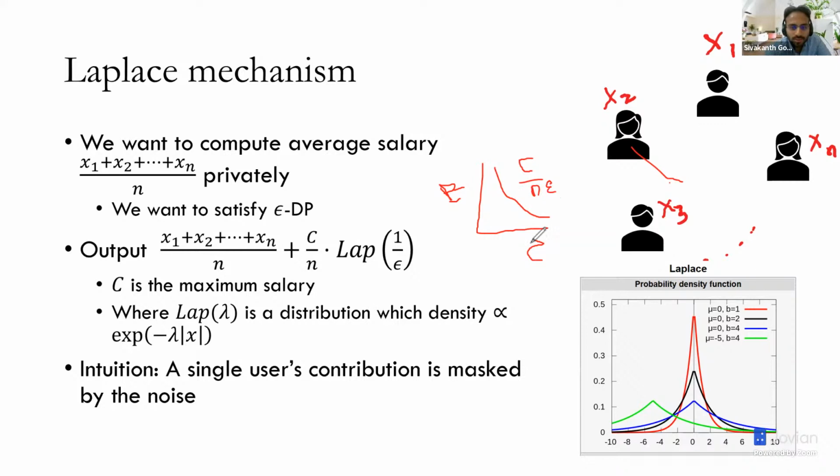This is my error, and this is epsilon, and the error is C over n epsilon, so this is the pattern you'll see. This is the design choice you make: how much error can I tolerate, and what is the privacy I need? Maybe this is a reasonable point. When I choose epsilon equal to 1, I'll get this much error.